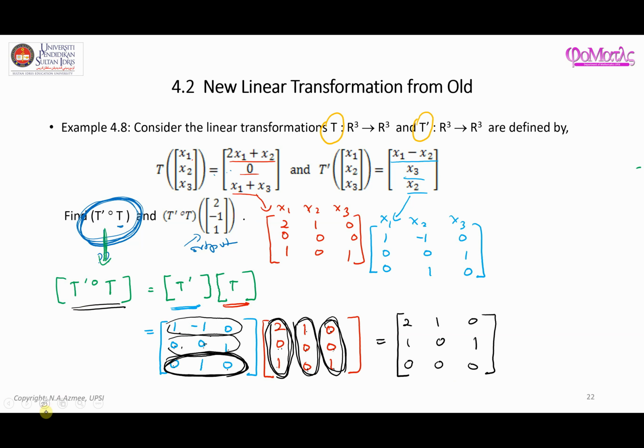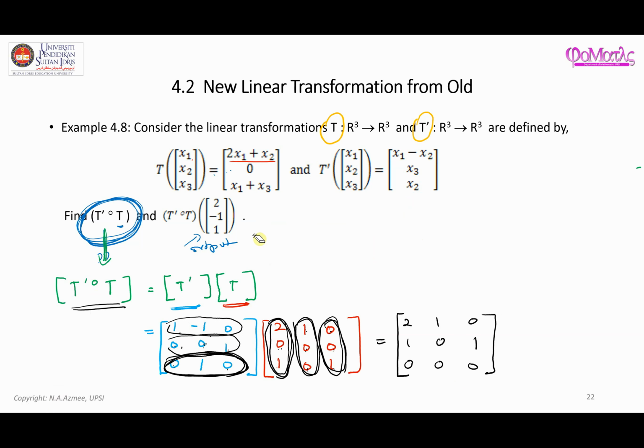Okay, so I just need some space for that. So therefore, if you are given the input, you give the input here to this composition of two transformations, x1, x2, x3.